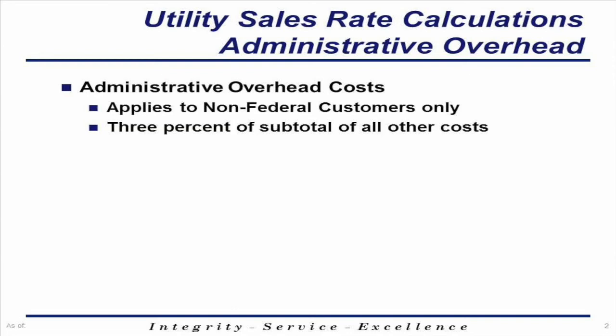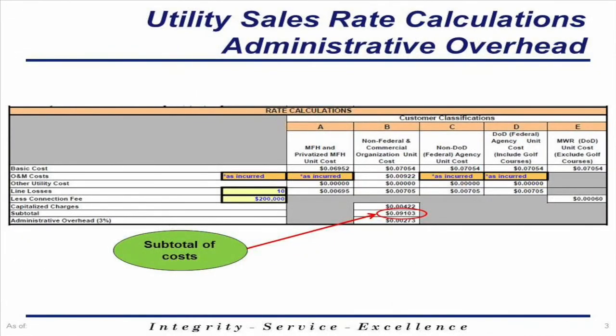This cost is to recoup the cost of you doing all this, you and everyone else doing the services that are required to make this all happen for those non-federal customers. And what the form does is calculate the subtotal of all other costs and multiply that subtotal by 3%. And you can see how this works on the next slide.